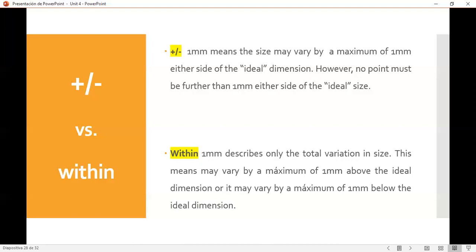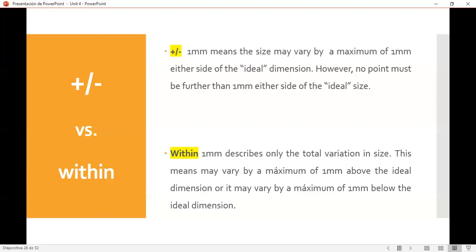Okay, as an example for within, we might have the same steel bar. The minimum diameter is 100 and the maximum would be 101, so it will be within 1 millimeter.